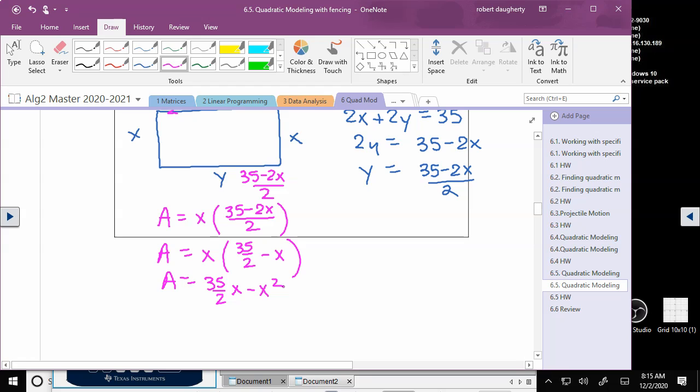Set that equal to 150. So minus x squared plus 35 over 2 x equals 150. Minus x squared plus 35 over 2 x minus 150 equals 0.